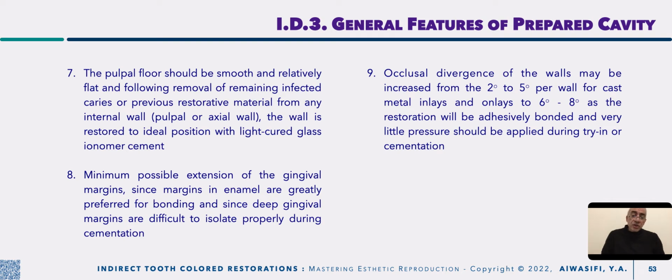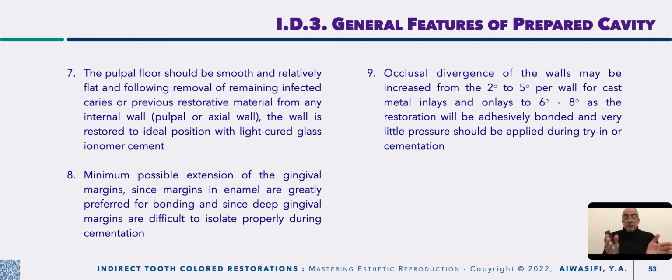For cast metal restoration it is 2 to 5 degrees, and some authors prefer up to 6 or up to 8, but as a maximum. But here for indirect tooth-colored restoration, it should be at least 6 to 8, not at maximum. At least 6 to 8.